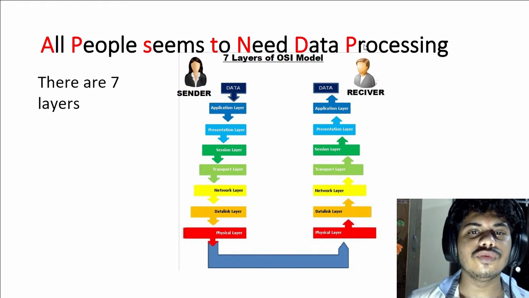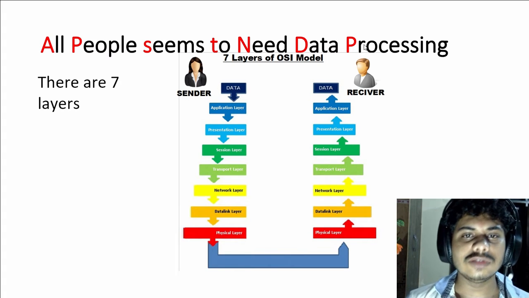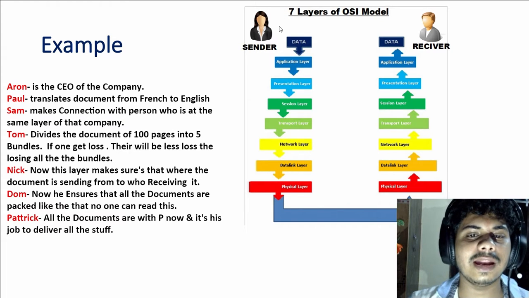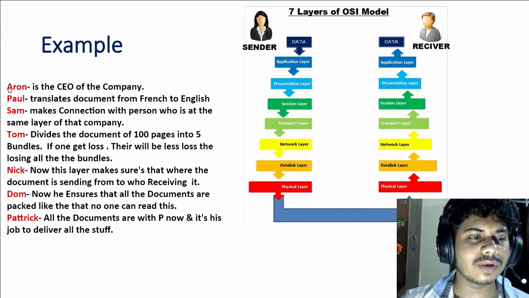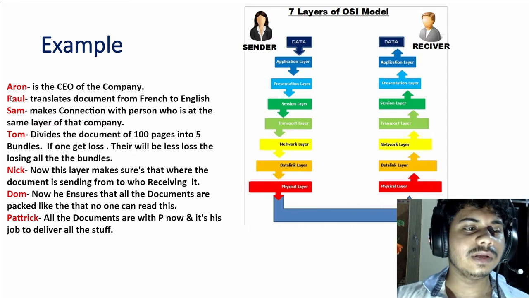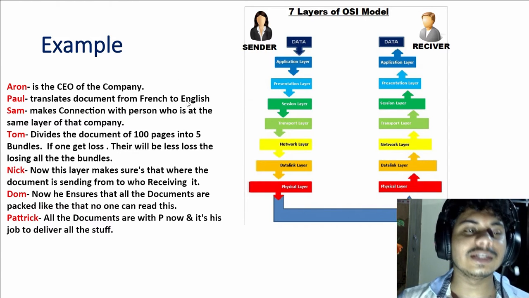Now let's move to a real life example of how it looks, and I'll show you in more detail. Let's take an example, like you can see here: Aaron, Paul, Sam, Tom, Nick, Dom, Patrick. A means application layer, P means Paul, presentation layer.